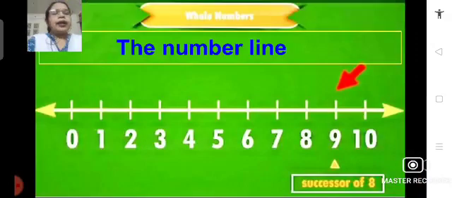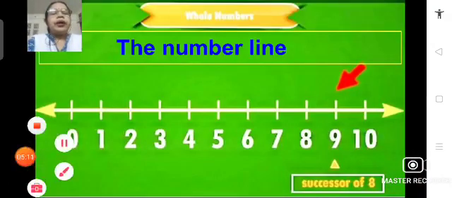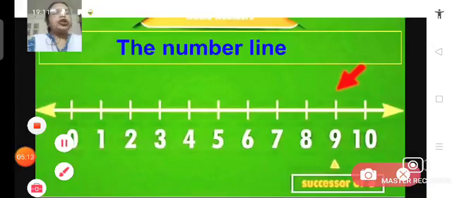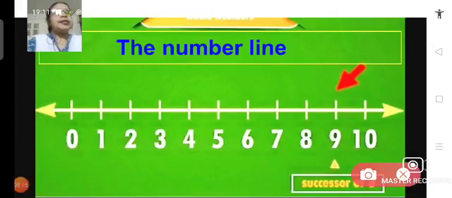In a number line for whole numbers, any number to the right of a given number is greater than the left number. For example, here 9 is the successor of 8. It is greater than 8. And as we move to the left, we will find smaller numbers.